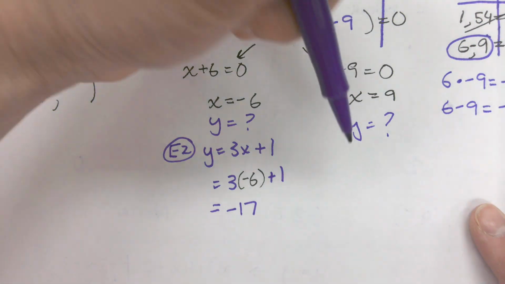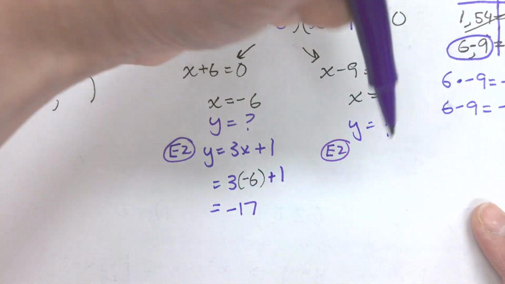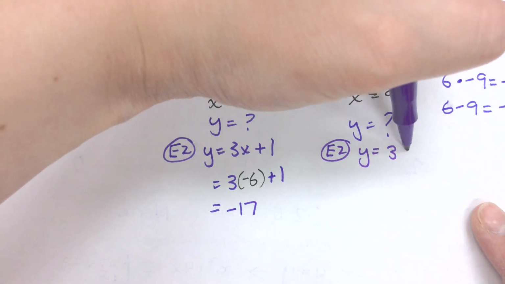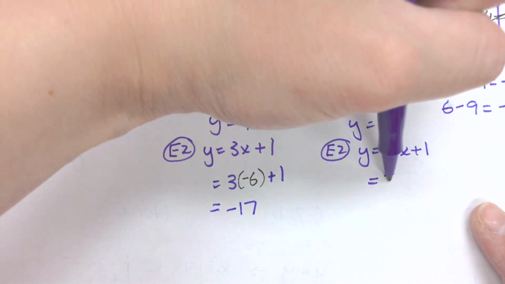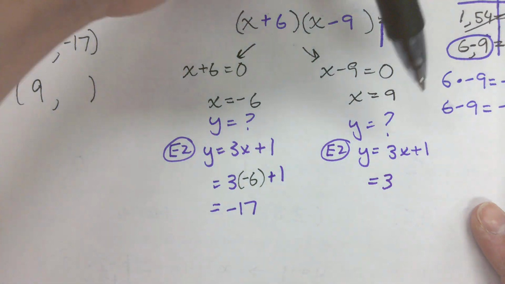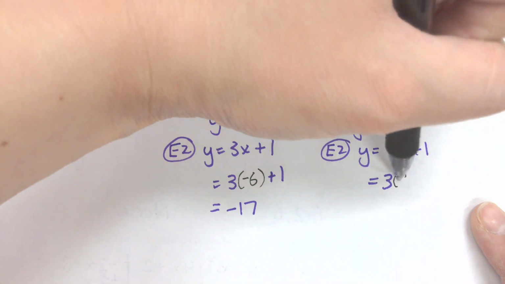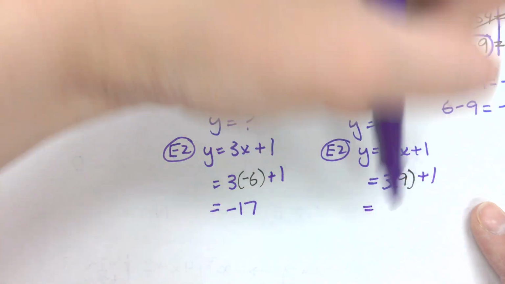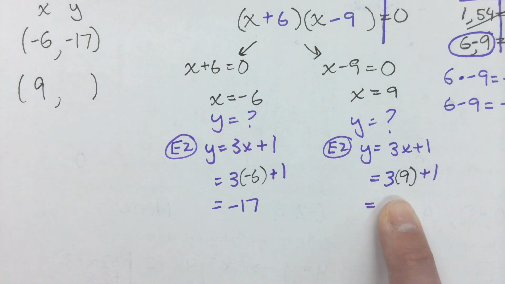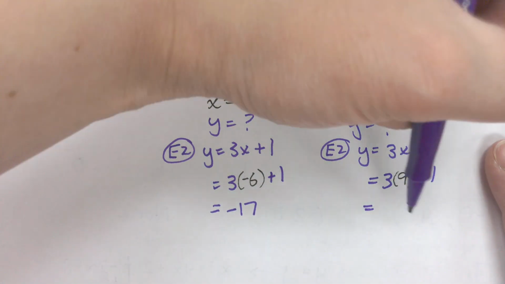One more time. Plugging back into E2, this time our x value is 9. 3 times 9 plus 1. 3 times 9, 27, plus 1, 28.